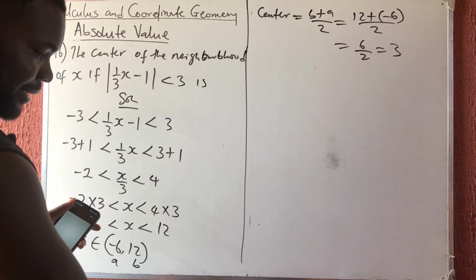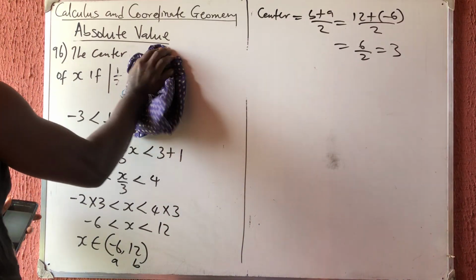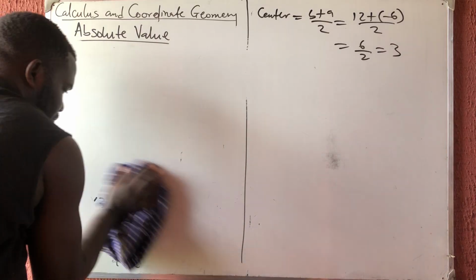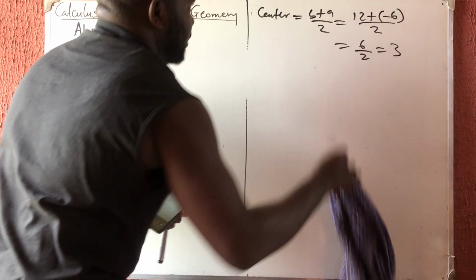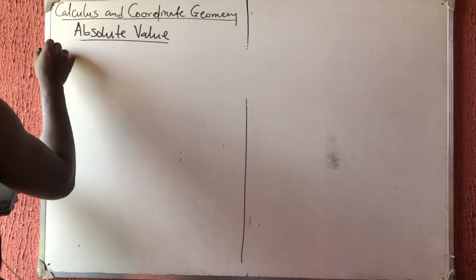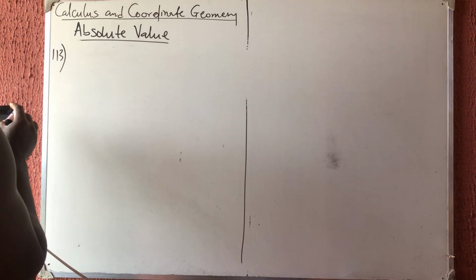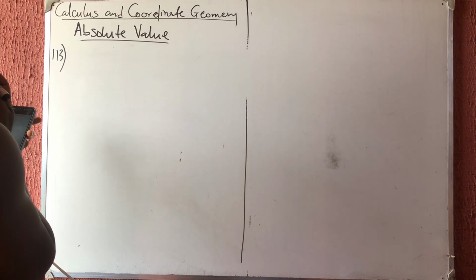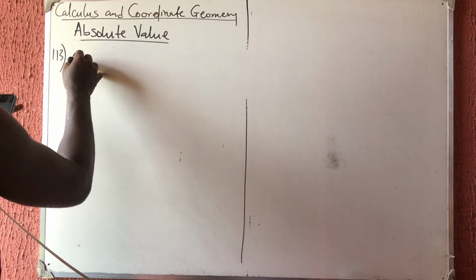So we've solved number 96. The next number is 113. Question number 113 said the center of the same thing again.